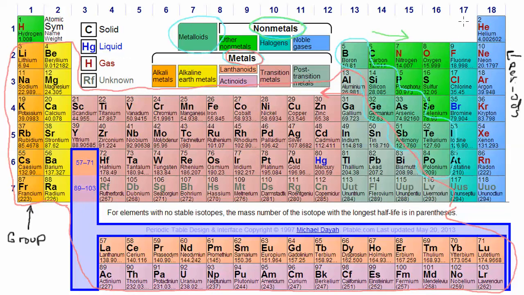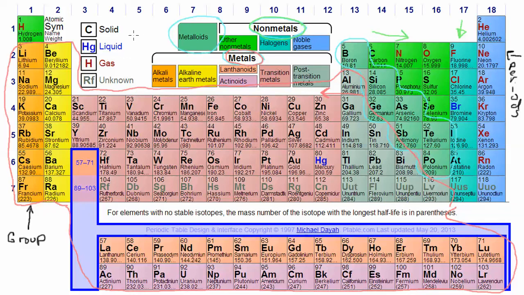But it also includes group 17, which is a really important group. They're called the halogens, and they're a pretty reactive bunch of elements. They react pretty easily with things. And then this group over here on the far right, those are the noble gases, and they don't react with much of anything at all, and we're going to learn why later in this class. But they are also nonmetals.